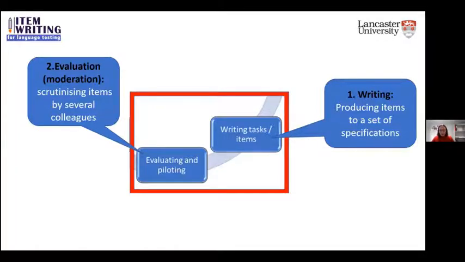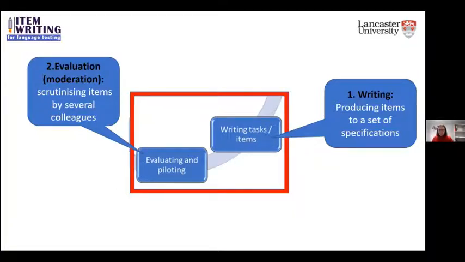Item moderation is a step that is sometimes omitted from this test design cycle, especially in a smaller scale program where items are produced and then they are trialed on a couple of people and then administered. But item piloting is much more efficient if it was preceded with careful item moderation. All of us know that good item piloting takes a lot of time and a lot of financial resources.